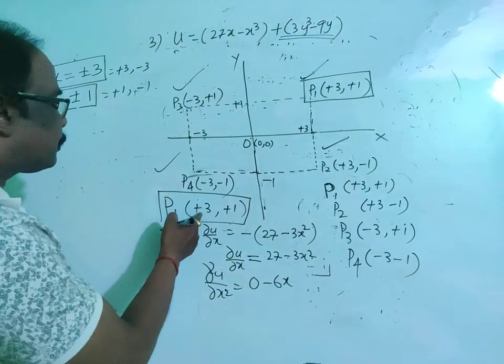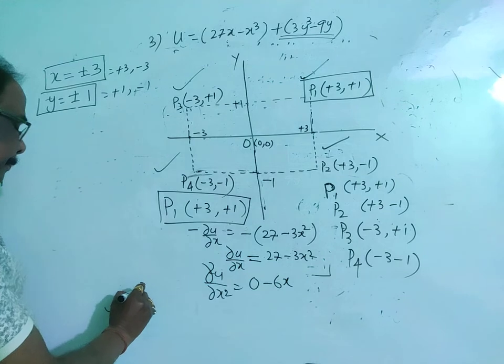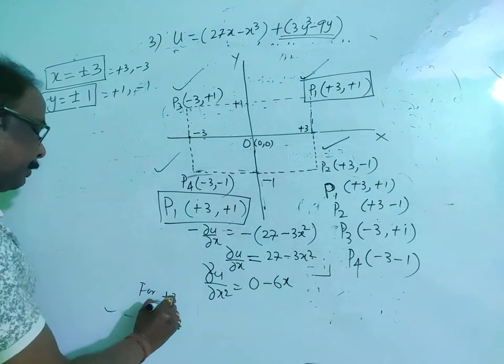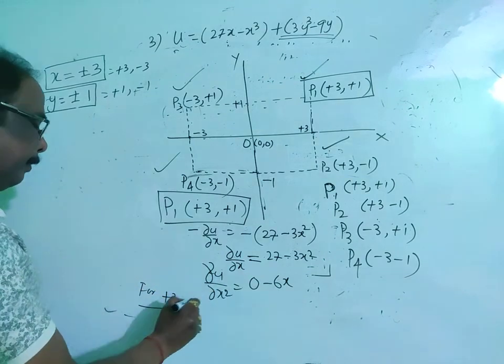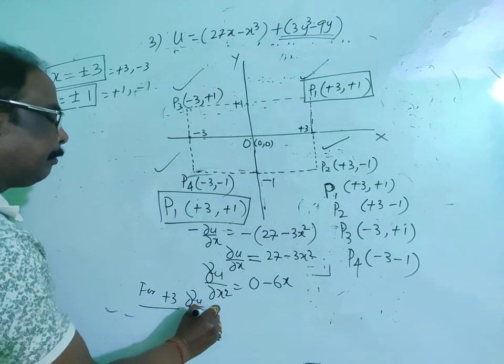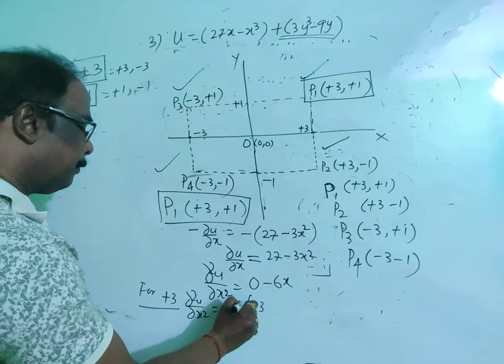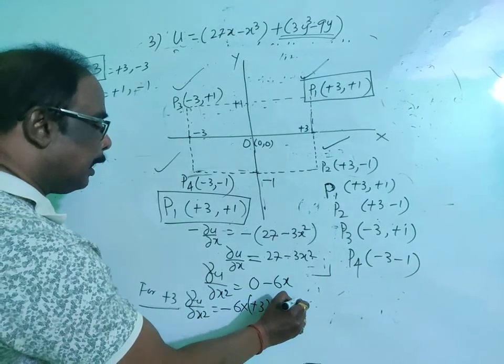Then let's take first plus 3. For x equal to plus 3, d square u by dx square is minus 6 into plus 3, which is minus 18.